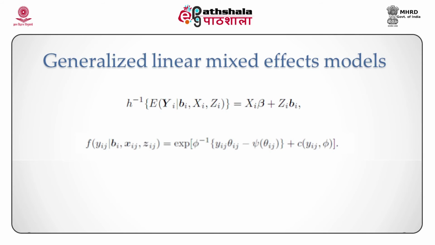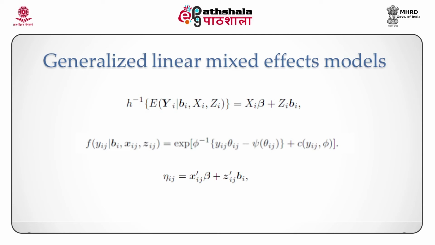So this is the representation of the one parameter exponential family, where theta_ij denotes the canonical parameter and phi is an optional scale parameter. Now, of course, eta_ij is the linear predictor. It is given by eta_ij equal to x_ij prime beta plus z_ij prime b_i, and we assume that eta_ij summarizes the effect of all covariates on y_ij through the link function h inverse.